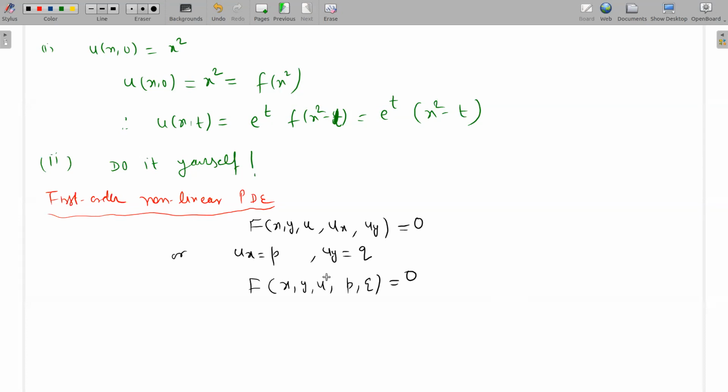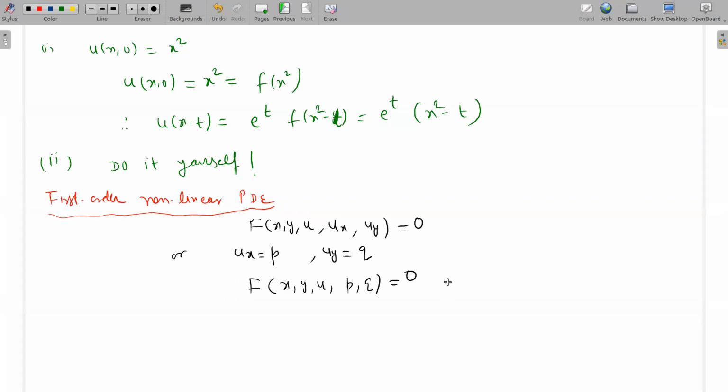And the first method is quite, you can say, tricky. We will, of course, find solutions of these equations.